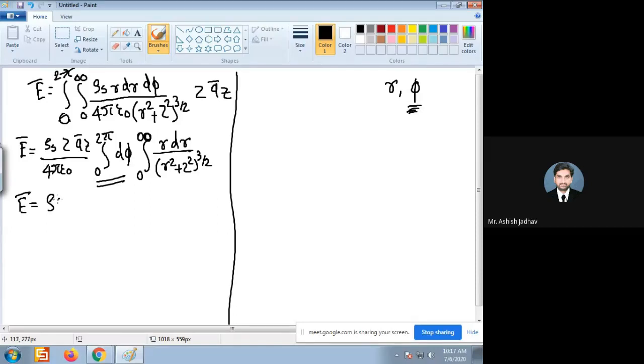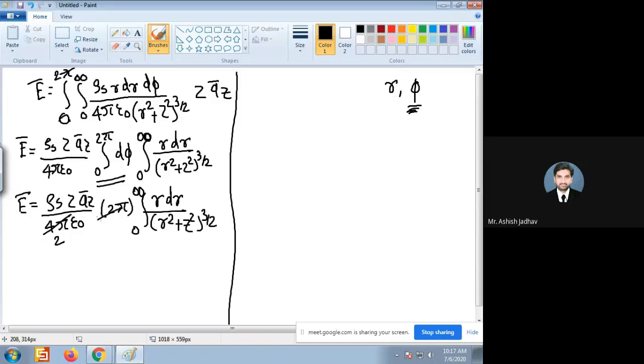So rho s z a bar z upon 4 pi epsilon naught, times 2 pi, integration 0 to infinity r dr upon r square plus z square raised to 3 by 2. So this 2 pi and 4 pi get cancelled. So here what we get is 2, right? So this is equal to.